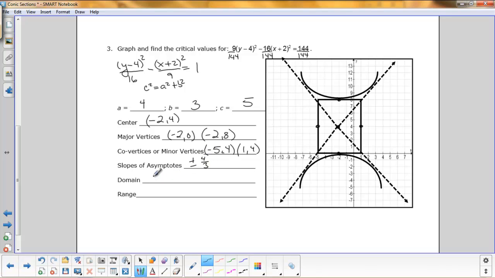The domain is back to all real numbers, and the range has the gap, starting at the smallest value at -infinity, going to the lowest major vertex at 0.